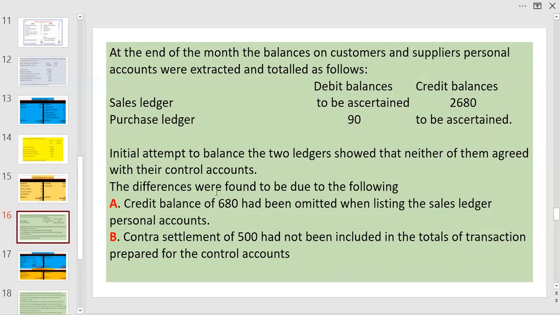Initial attempt to balance the two ledgers showed that neither of them agreed with their control accounts. The differences were found to be due to the following. A. Credit balance of 680 had been omitted when listing the sales ledger personal accounts. Credit balance is given, but the 680 is not added, therefore it is to be added.